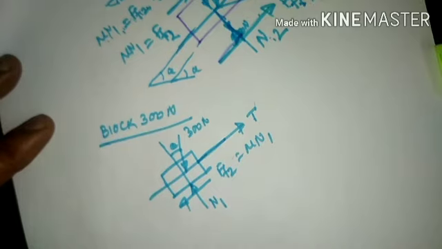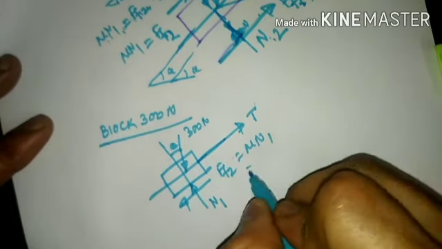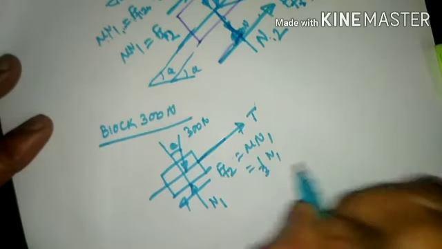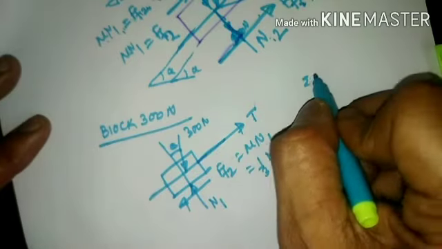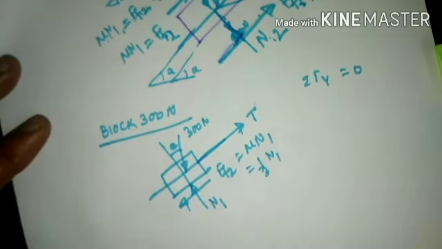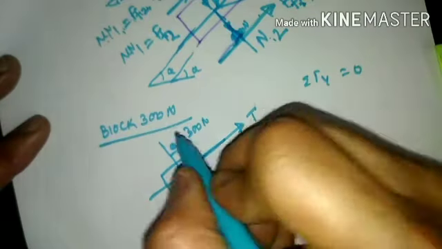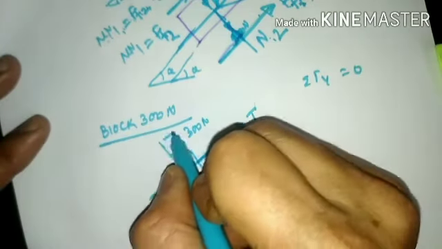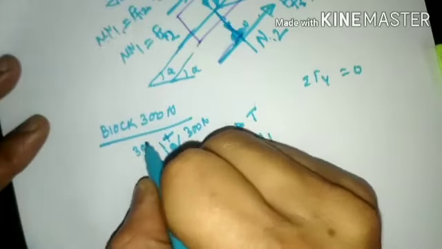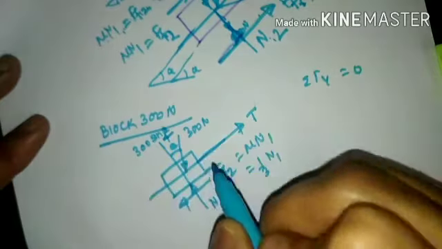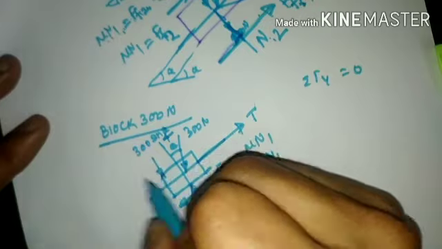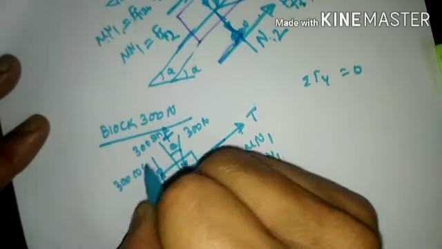Now mu times N1 means 1 by 3 times N1. I shall take the summation of force along the y direction equal to 0. To this theta, this side is opposite, so this will be 300 sine theta, and this will be downward, which will be 300 cos theta.